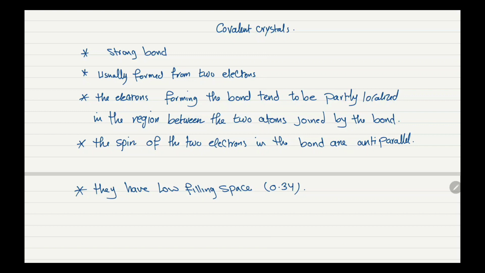They also have low filling space, around 0.34 compared to 0.74 for close-packed structures. Pay attention that the Pauli principle gives a strong repulsive interaction between atoms with filled shells, but if the shells are not filled, electron overlap can be accomplished without excitation of electrons to high energy states, and the bond will be shorter.